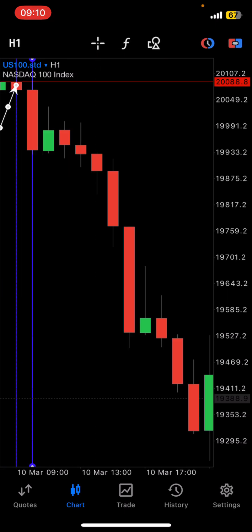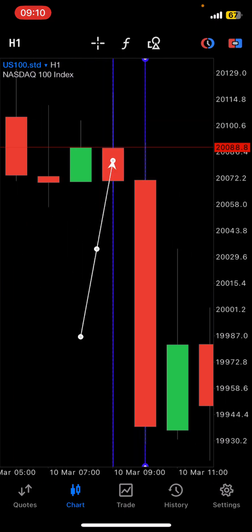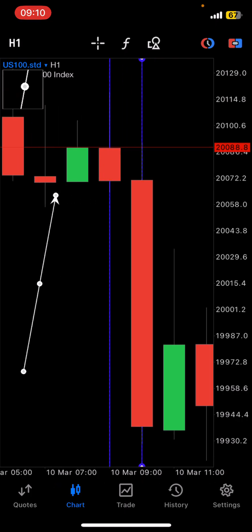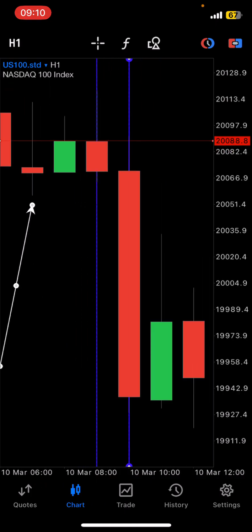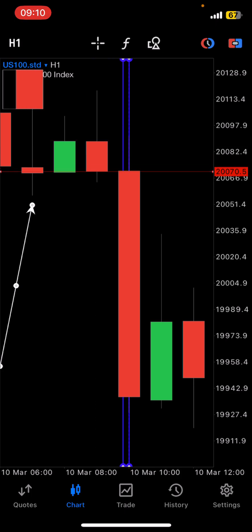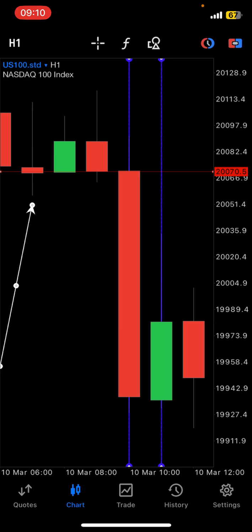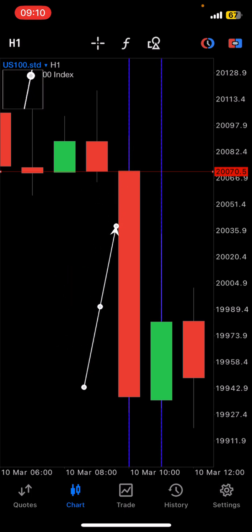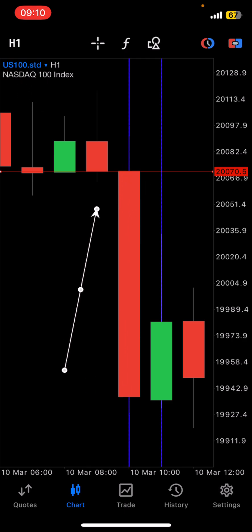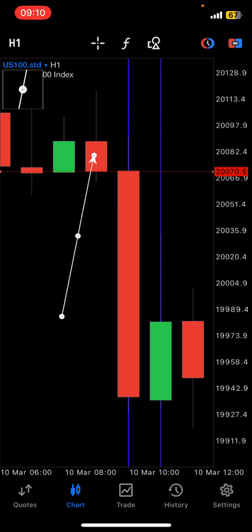Let's go to the next time frame. It's in 1 hour, and our bias is still bearish, right? So I'm going to move this down here, and then I know we're going to be ending right there. This candlestick is red, so that means we're still bearish.